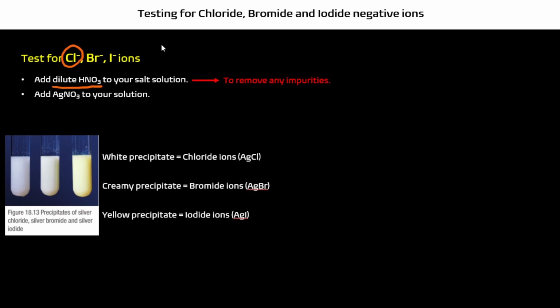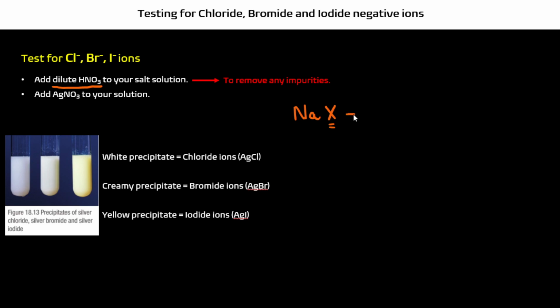Alright, so let's try this way. If we have, let's say, NaX, where X is our unknown halide, which could be chloride, bromide, or iodide. What we will do is first add dilute nitric acid to our salt solution, which is sodium halide, to remove any impurities.